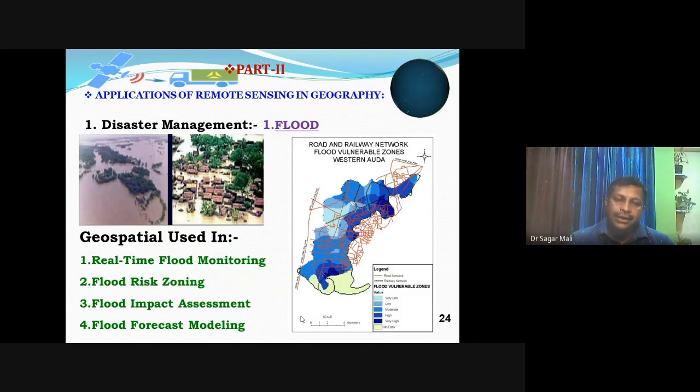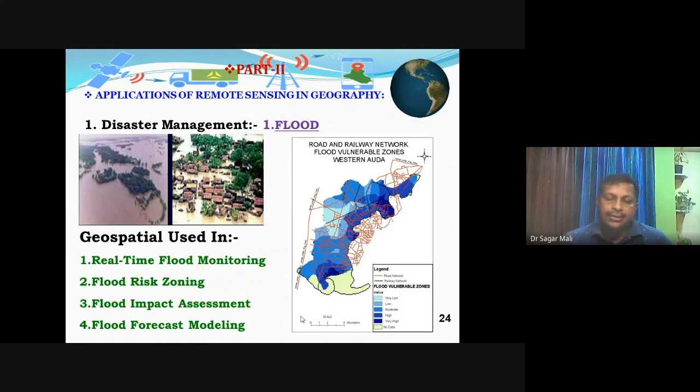No doubt, every year India is facing this disaster, right? So where can we use remote sensing? We can use remote sensing imageries for real-time flood monitoring. During the flood time, we can use the aerial photographs, we can use the satellite images of the area to make the disaster management planning, real-time flood monitoring.